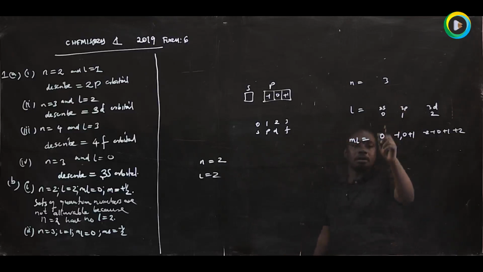Total orbitals: s has one orbital, p ranges from -1 to +1, d ranges from -2 to +2.